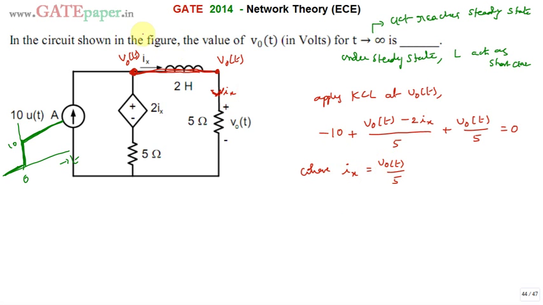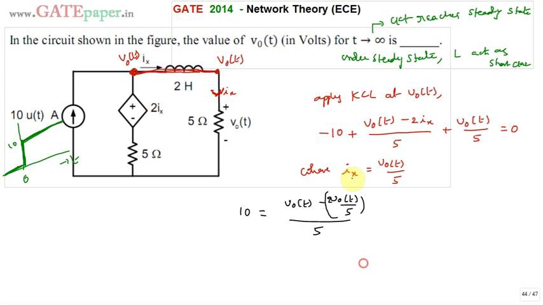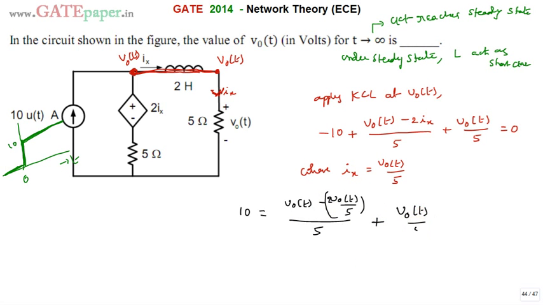Now substitute this Ix value. The minus 10, moving to the other side, becomes plus 10, equal to V0 of t minus 2 times V0 of t by 5, because 2Ix, divided by 5, plus V0 of t divided by 5.